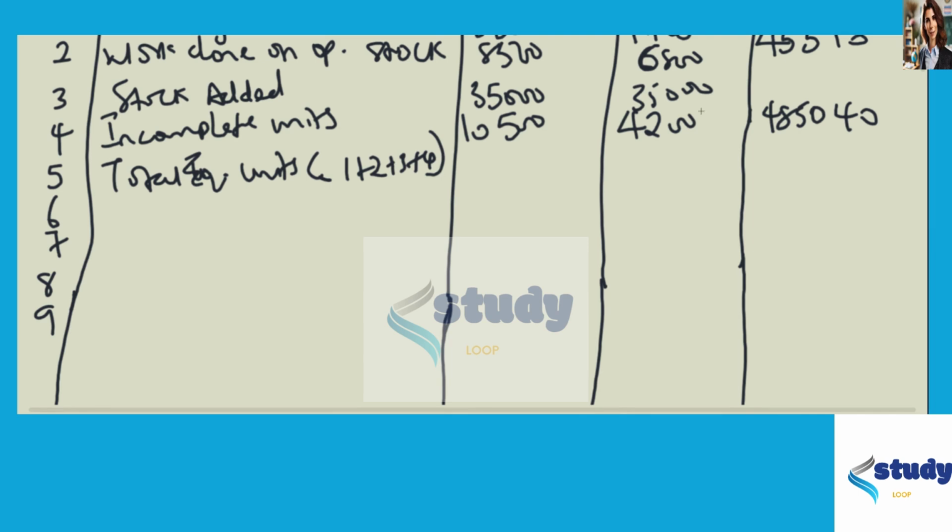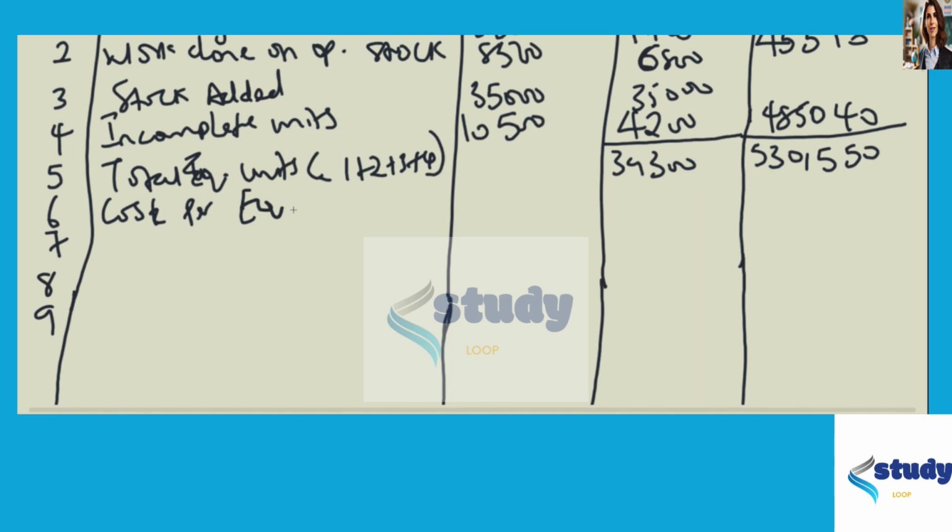And then you add everything together and you get 39,300 and the total for this will be 530,550. So the cost per equivalent unit would be 13.50.